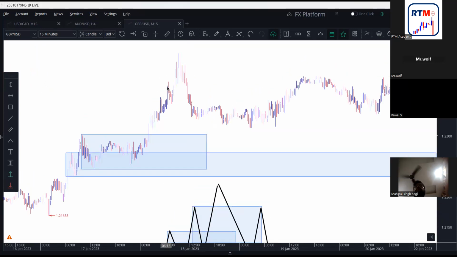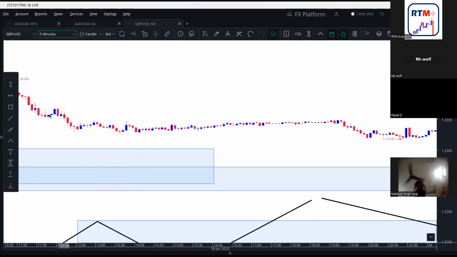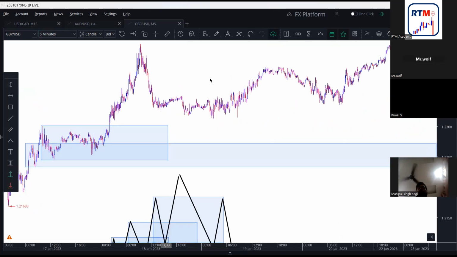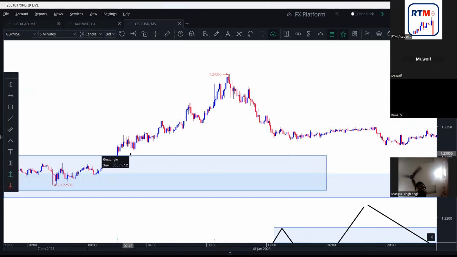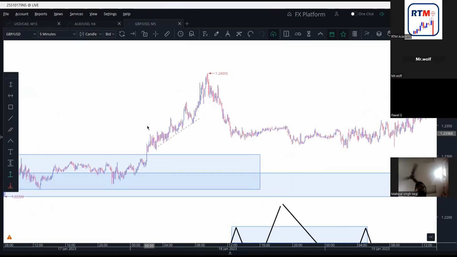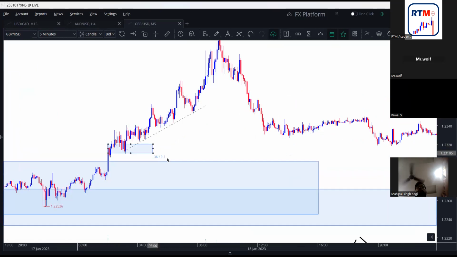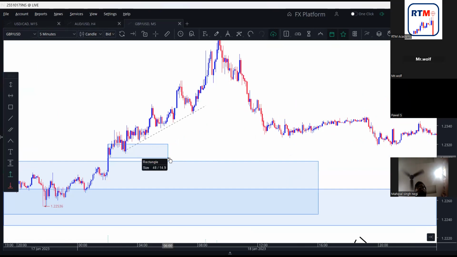Let me move to a lower time frame right here. Yeah, we see here we have a CP. At first, let me draw this area.